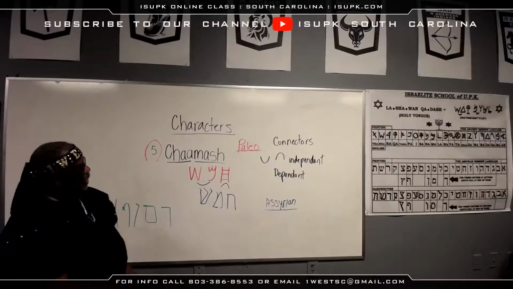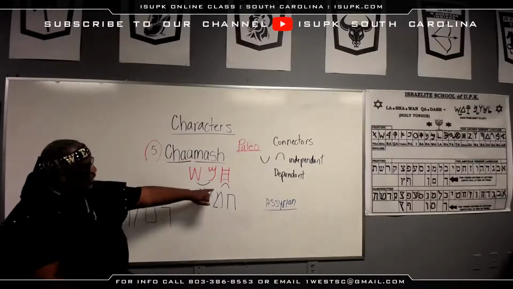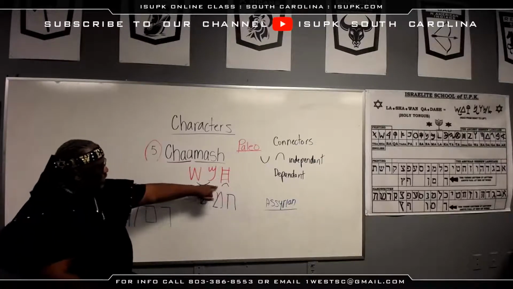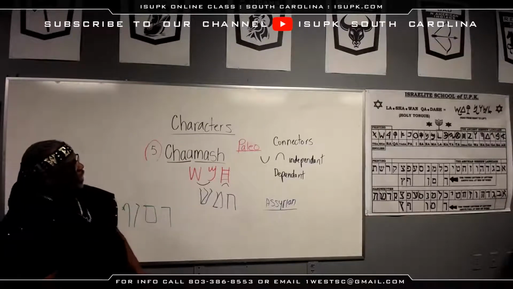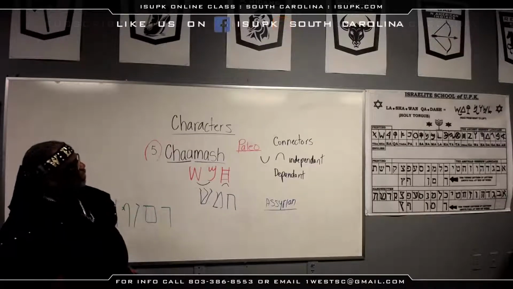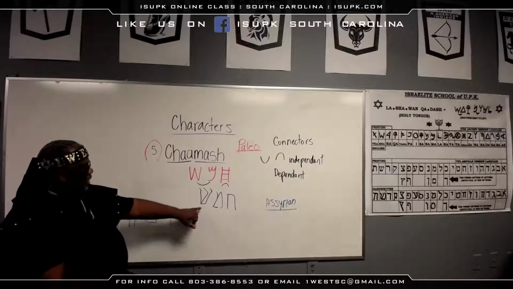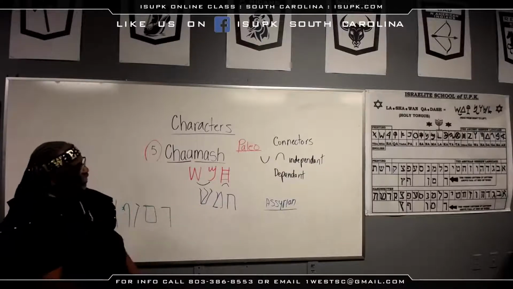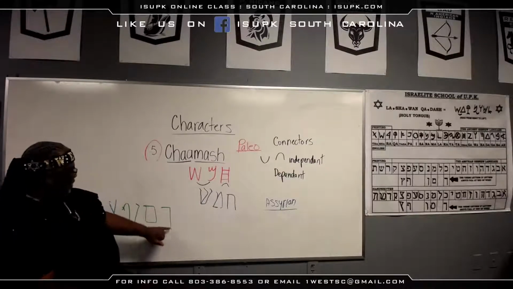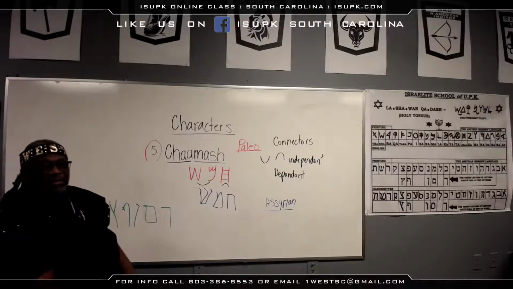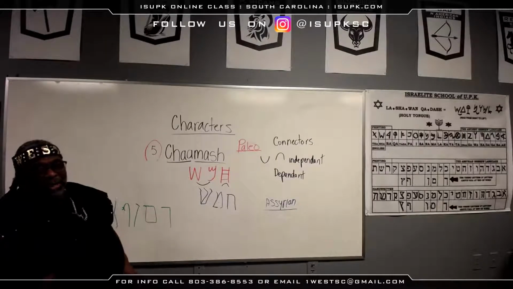La'a or Khan? Did I do the connectors correct on this right here? Independent and dependent connectors right on this, Paleo? Because Assyrian, of course, doesn't have any. All they have is these ending characters that we have out here. Did I do that right?